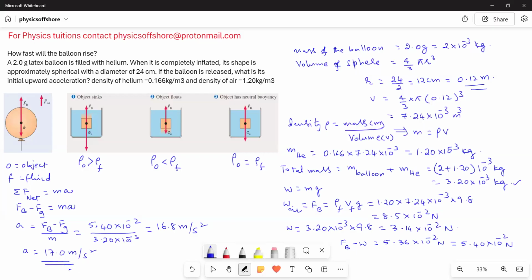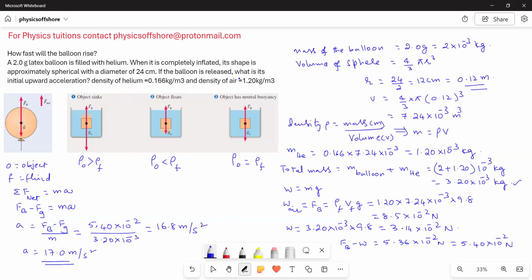Okay, so the laws of buoyancy and flotation are applicable not only to liquids, but also to gases. But the density of air is so small that it is very difficult to see this effect.